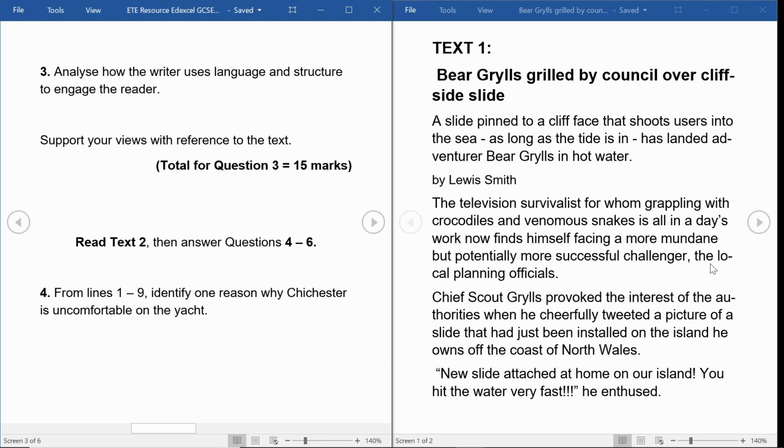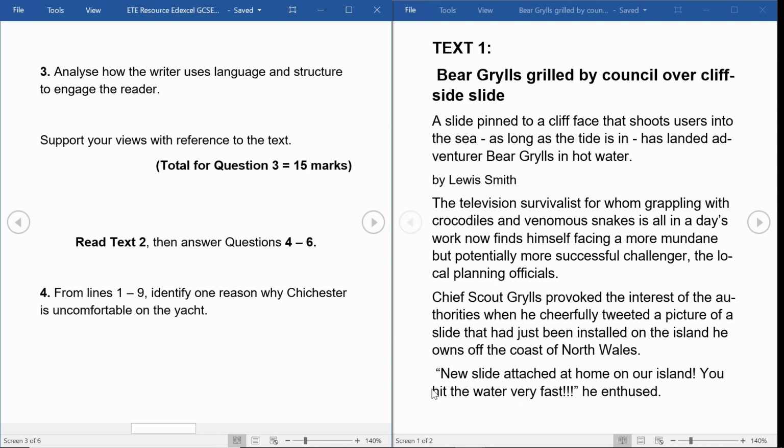Because people find structure more difficult, I'm going to start with that. So I'm going to try and just talk you through a very simple way of structuring a point about structure. So I would say the writer uses structure to entertain the reader. And then I would give this quotation here, because this is a short, standalone paragraph.